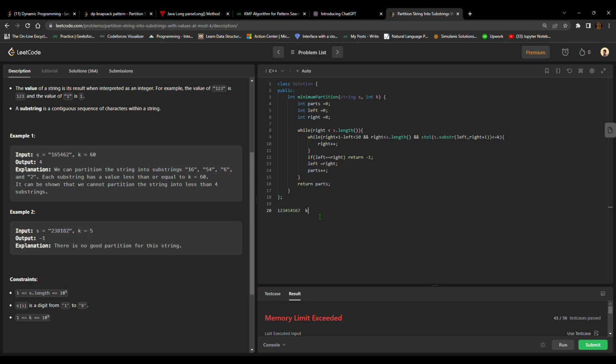Let us take a simpler example: k given to me was 1. Initially left and right would be the same at this position, the 0th index. I would ask, are these conditions satisfied?